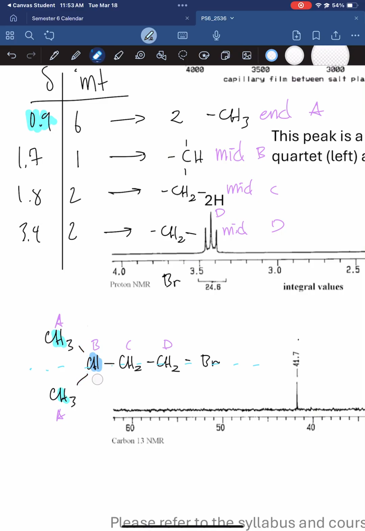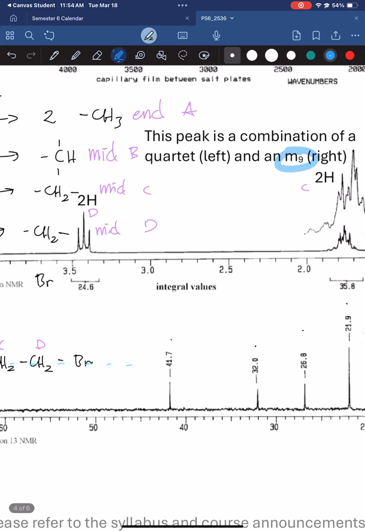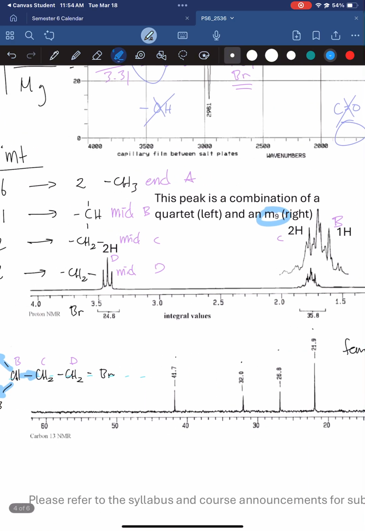And if you look at the B hydrogen, the neighboring carbons, there's going to be 3 up here, 3 hydrogens down here, 2 hydrogens here, for a total of 1, 2, 3, 4, 5, 6, 7, 8 plus 1, because it's an M9. So that makes sense.